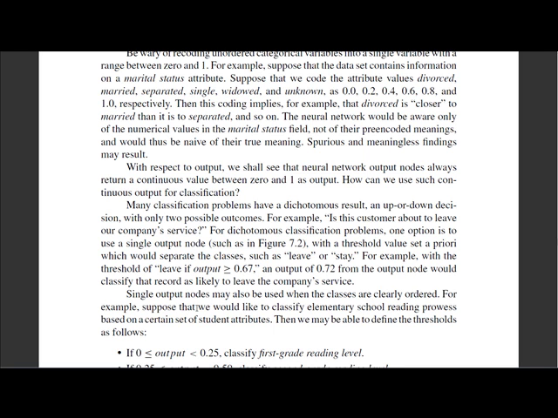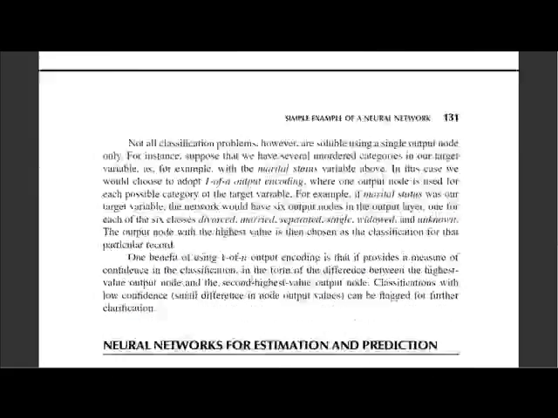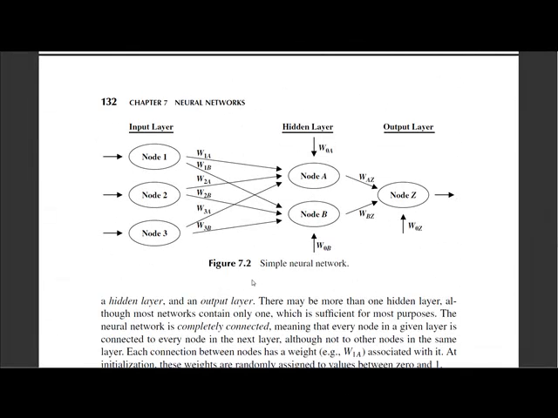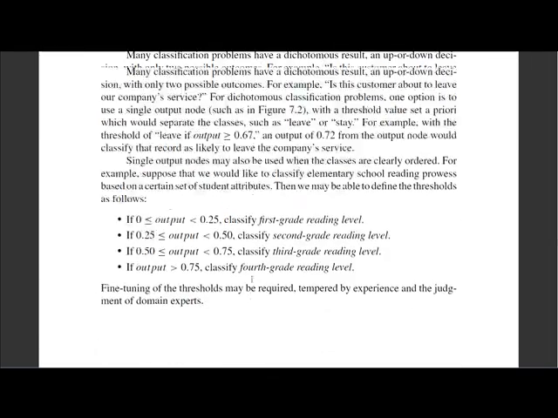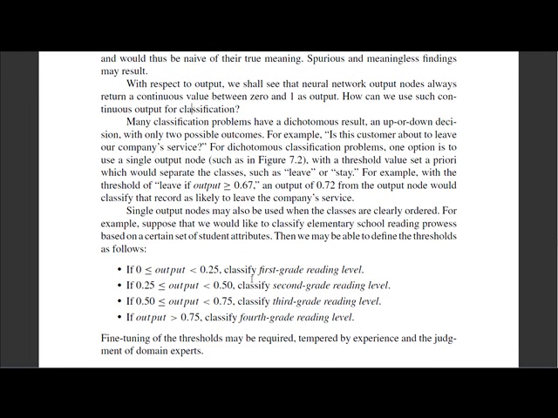For dichotomous classification problems, one option is to use a single output node, such as figure 7.2 here, with a threshold value set a priori which would separate the classes, such as leave or stay.